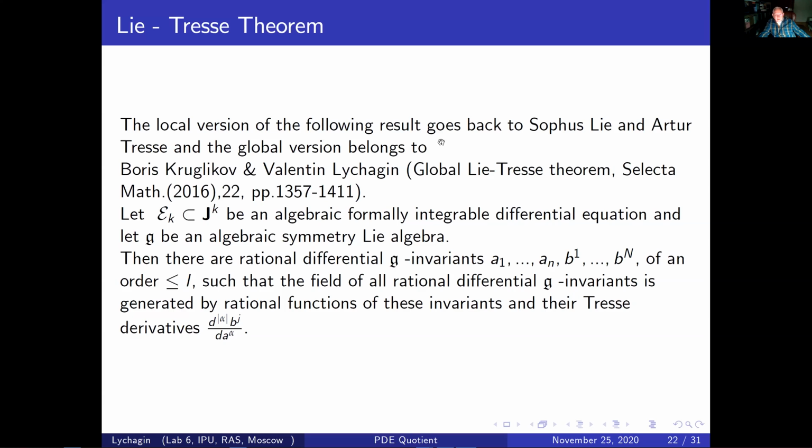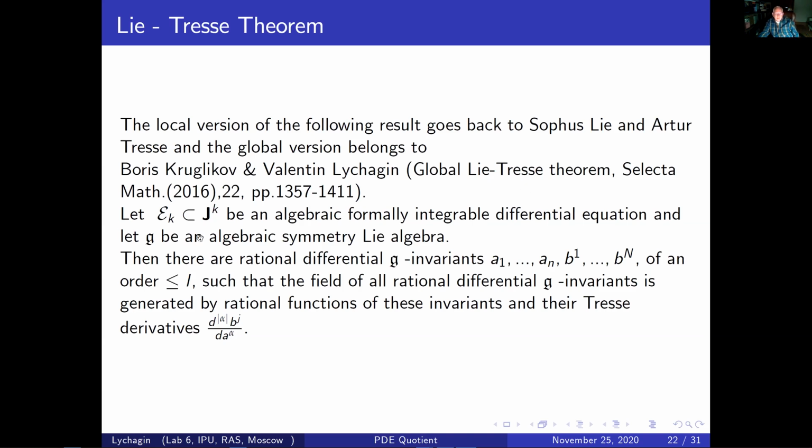From my point of view, certainly, Boris Kruglikov and myself published in Selecta in 2016 this paper with the name Global Lie-Tresse Theorem. And what it says is the following.